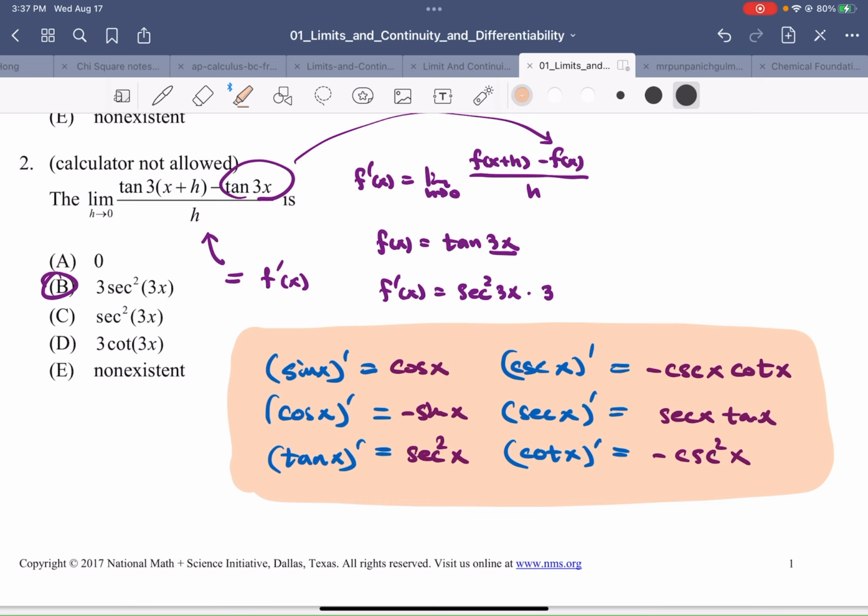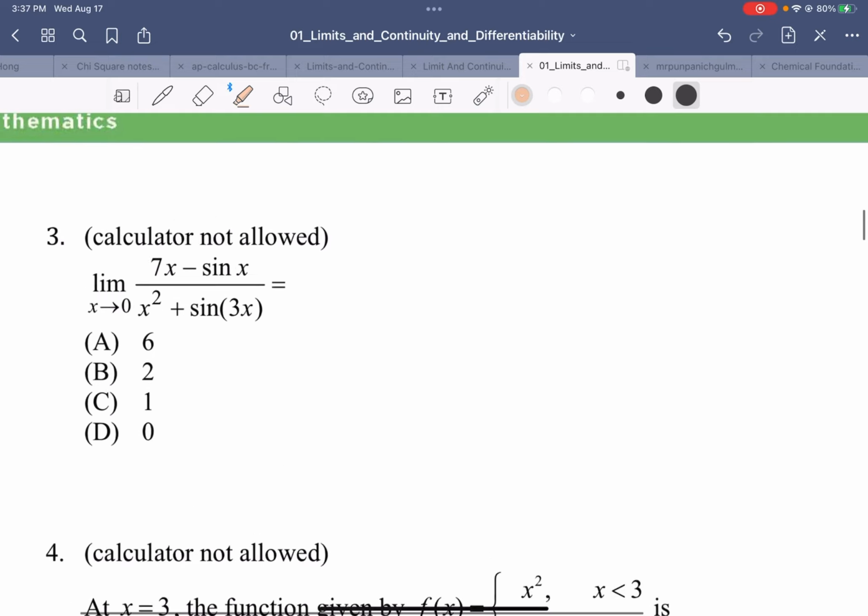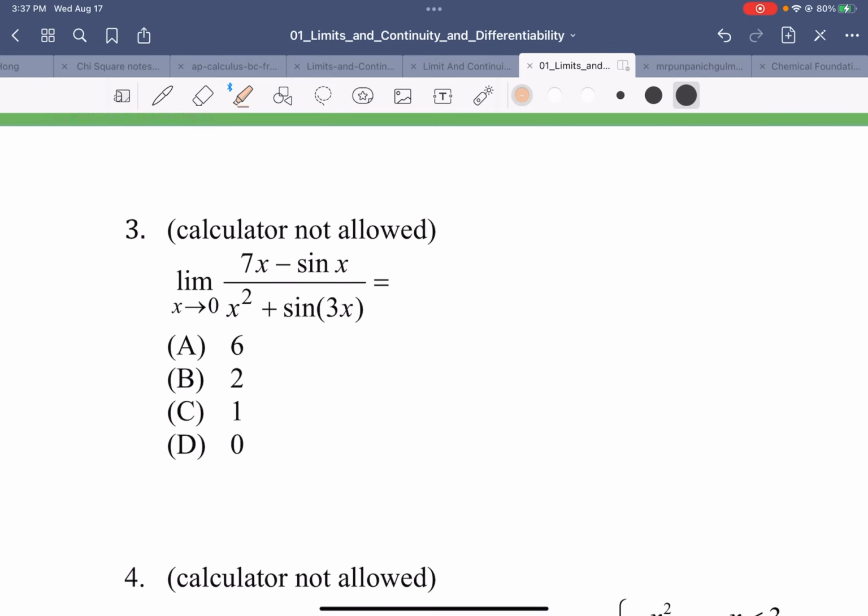All right, now let's do the next one. Number 3. Limit as x goes to 0 of 7x minus sine x all over x squared plus sine 3x. The first step, what you have to do is always plug it in. So when you plug in 0, 0 minus 0 over 0 plus 0, which is 0 over 0.